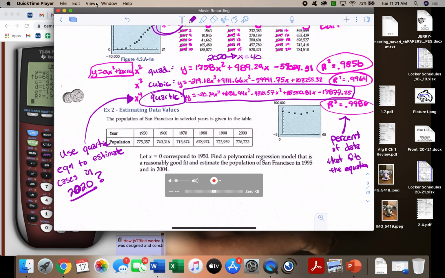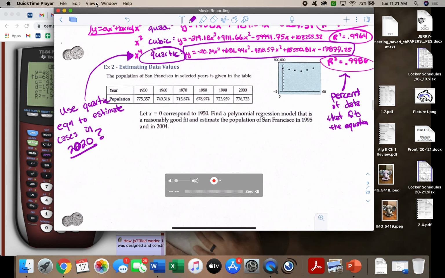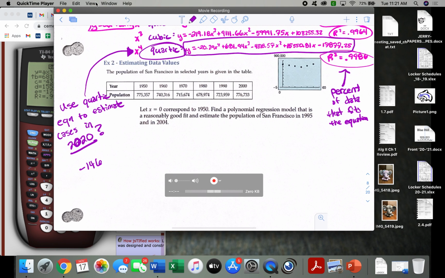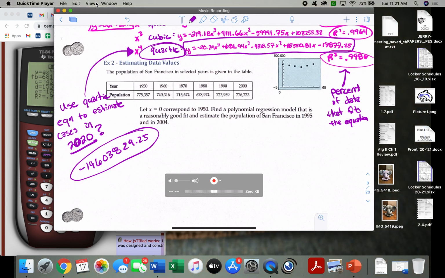Okay, whoa, what I got, if I plug 2020 in, oh my, this is a mess. I got negative 14,603,829.25. What in the heck does that mean? That is not right. We had a negative number of cases.